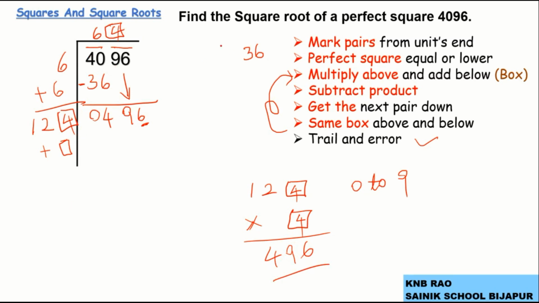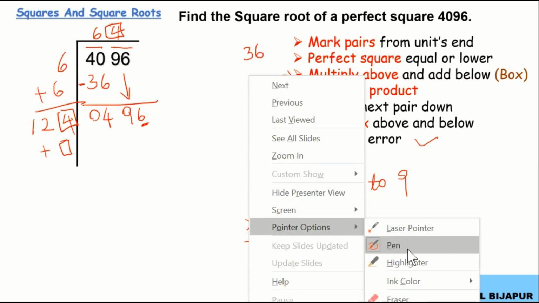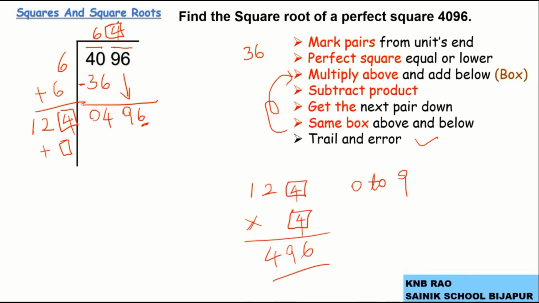So I have chosen 496, which is the product of 124 fours. So 496 is written and we have subtracted the product, giving us difference as 0.